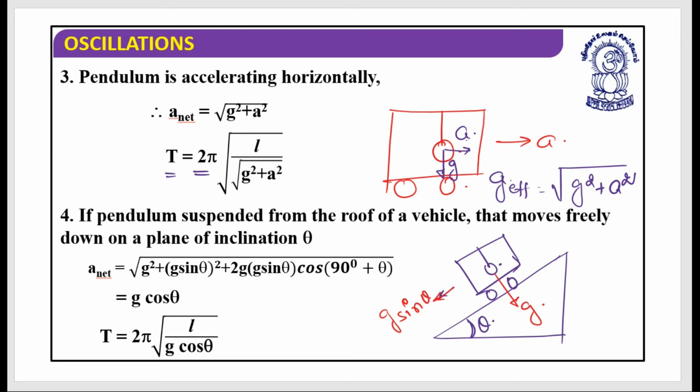So this a net would be equal to root of g square plus (g sin theta) whole square plus 2g into g sin theta into cos of (90 plus theta), the angle between these two. When I solve this, it would be under g cos theta, and this time period would be T equals 2 pi under root of L divided by g cos theta.